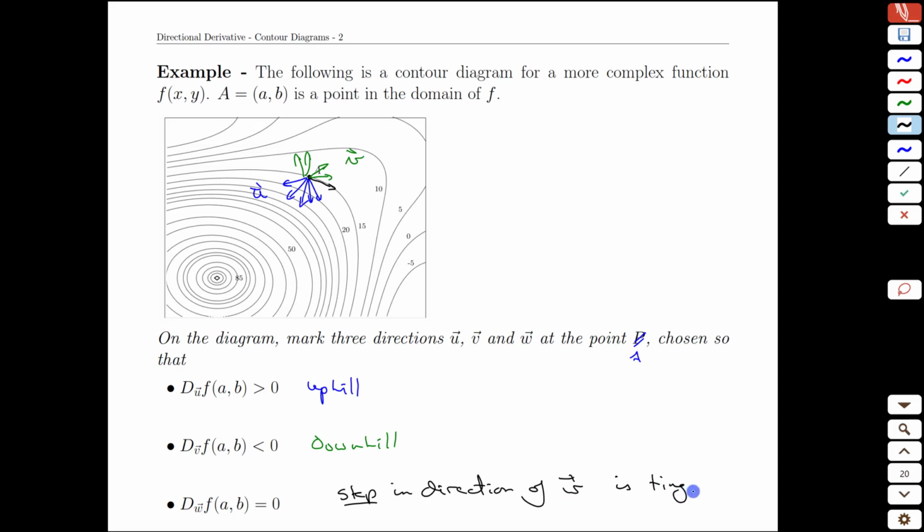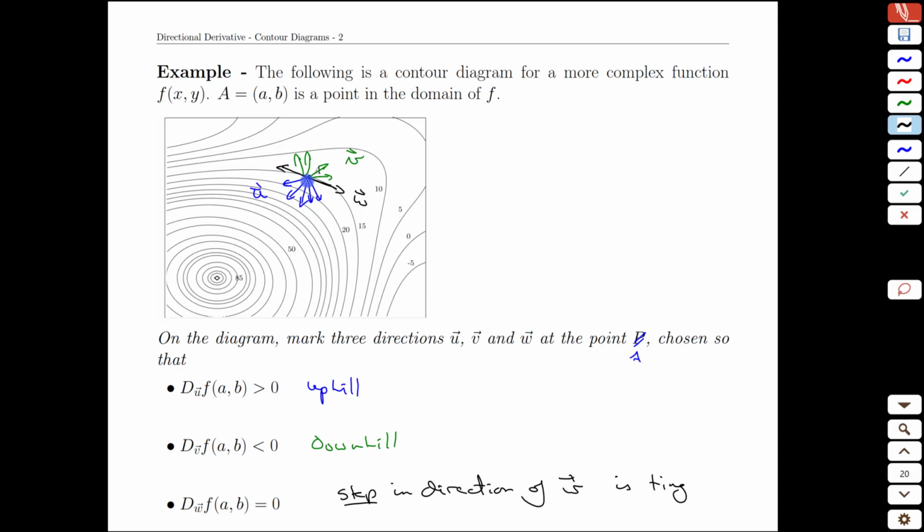If that's the case, then as long as we are tangent to that contour, then we imagine taking the smallest possible step in that direction, we would be staying on that contour line.